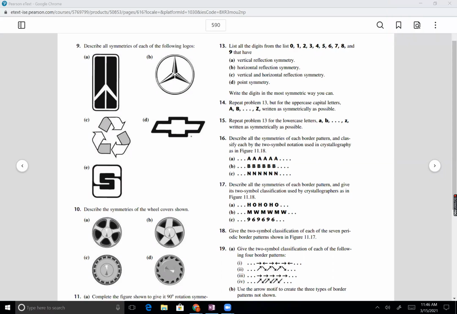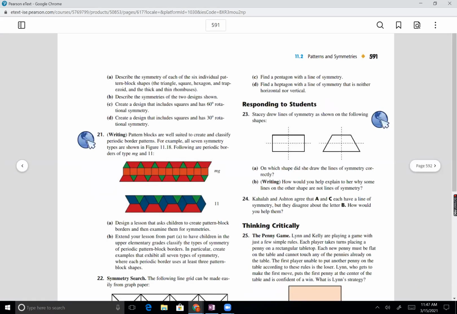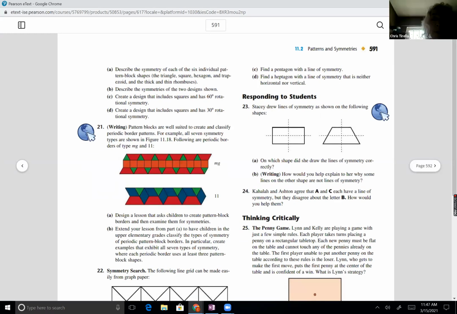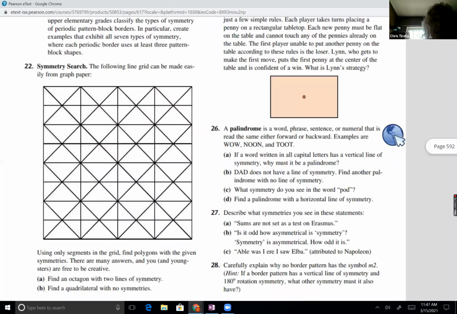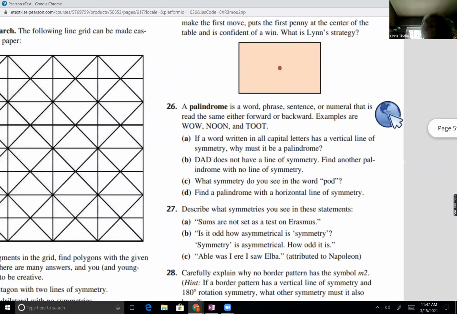How about question 26 on 591? Okay. Have you ever heard of a palindrome? It's a word that's kind of the same frontwards and backwards.